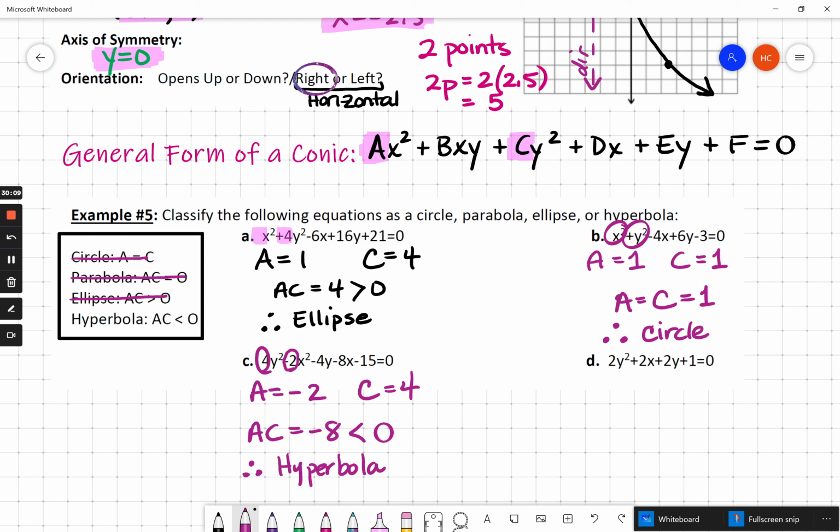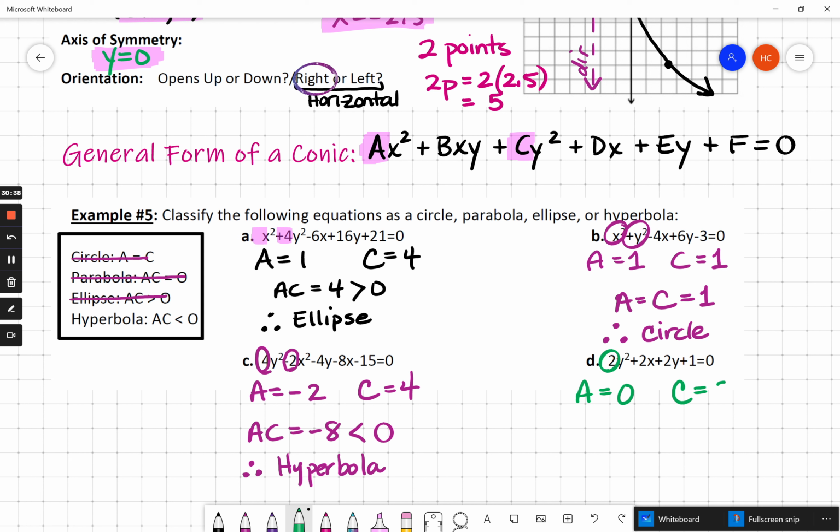Last but not least, we are looking for A and C. Well, when I go look for A, my x squared term, I do not see any x squared term. So when I don't see an x squared term, I can say my A is 0. As far as C goes, C is the coefficient of y squared.